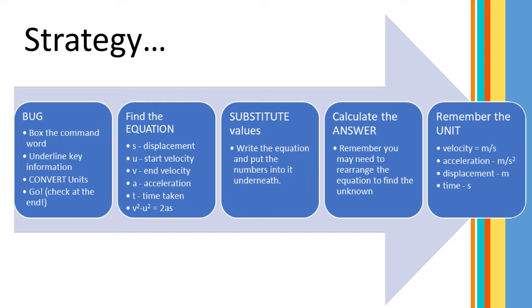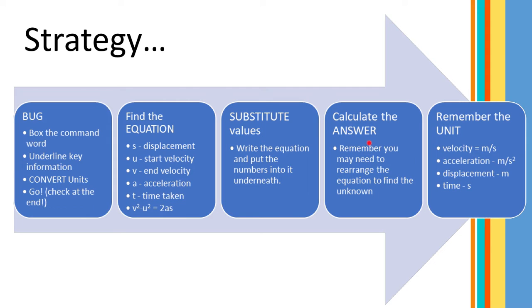Once we've got the key information, we can start searching for an equation. In this case the equation will be v squared minus u squared equals 2as, but in a real life example in an exam we need to find the right equation first. We then need to substitute our numbers in. I would highly recommend always writing the equation out every single time, and then you can put the numbers in underneath. It's a really good habit to get into.